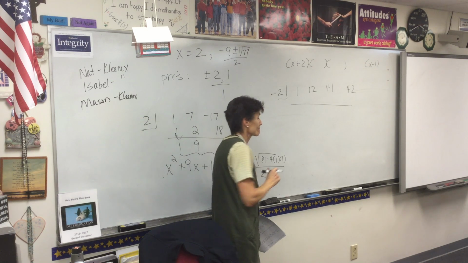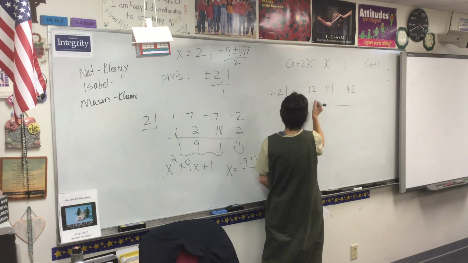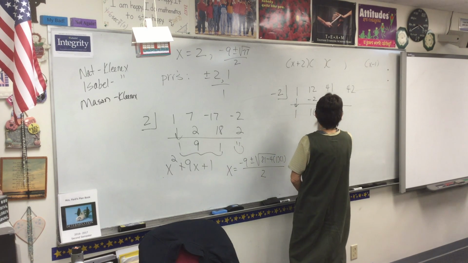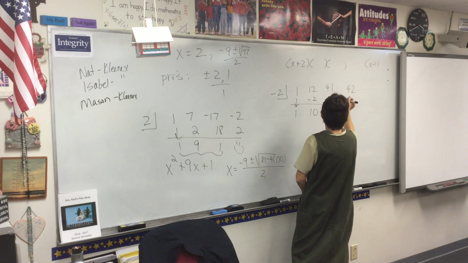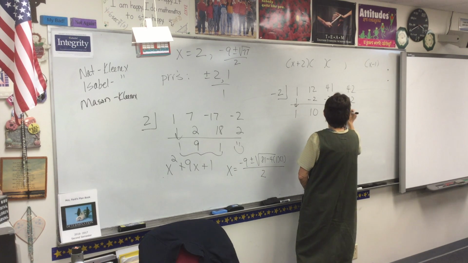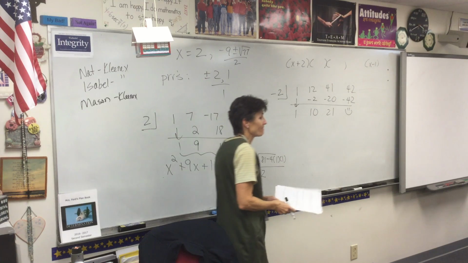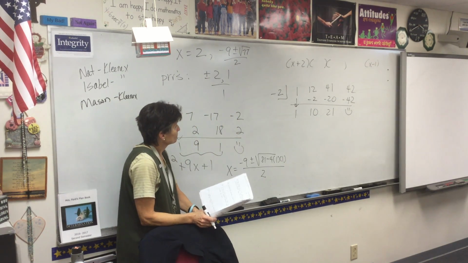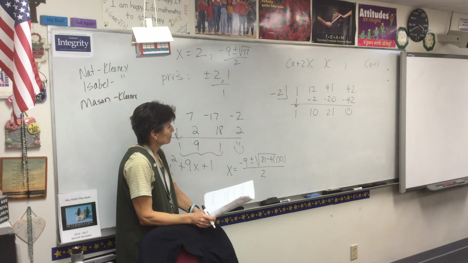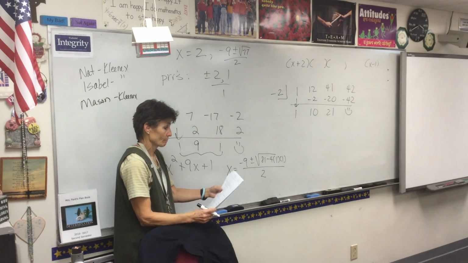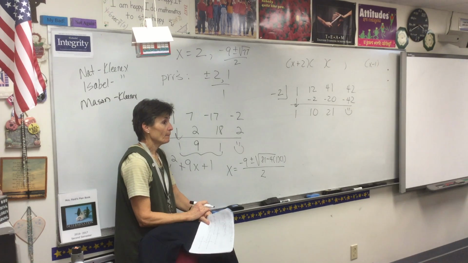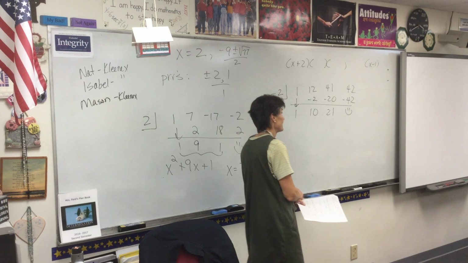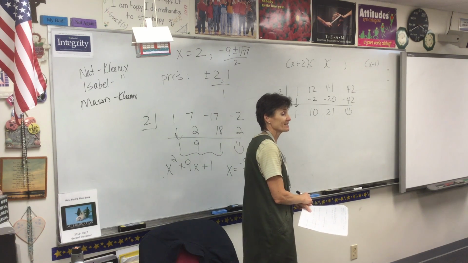Yep. So here we go. And this is going to work. They told me it was a factor, so I know it's going to work. So what do I do now? Factor. I don't need to guess. I could guess, but it's probably easier not to guess.